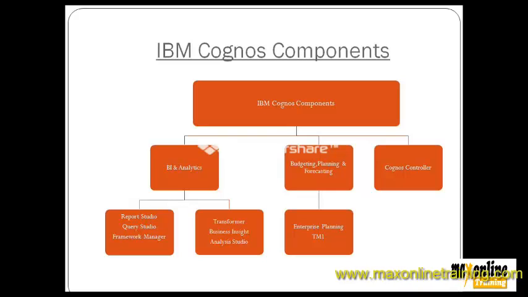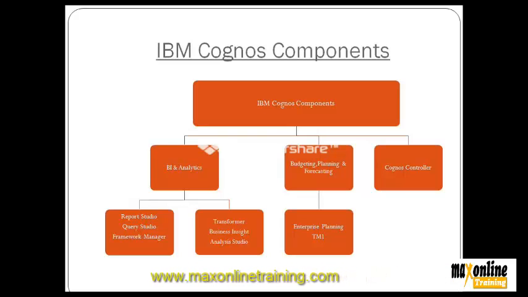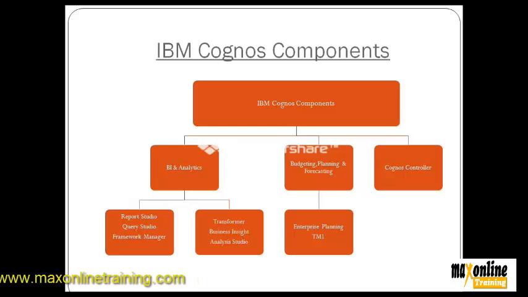There's one more IBM tool, which is not much in demand right now, and it is the Cognos Controller. It is basically a tool used for consolidation purposes. When you have a company with different subsidiaries and you want to do all the consolidation for all the subsidiaries and prepare a master financial statement, you use the Cognos Controller.